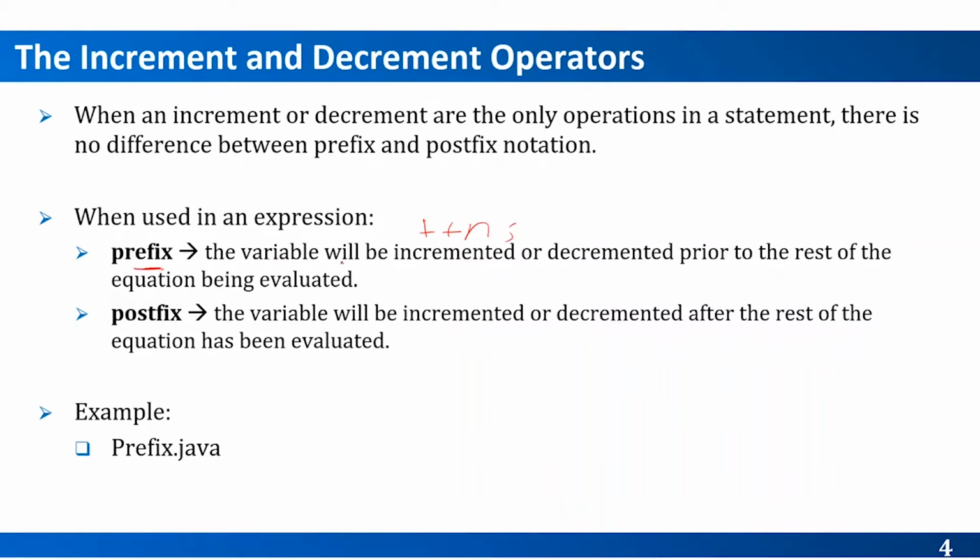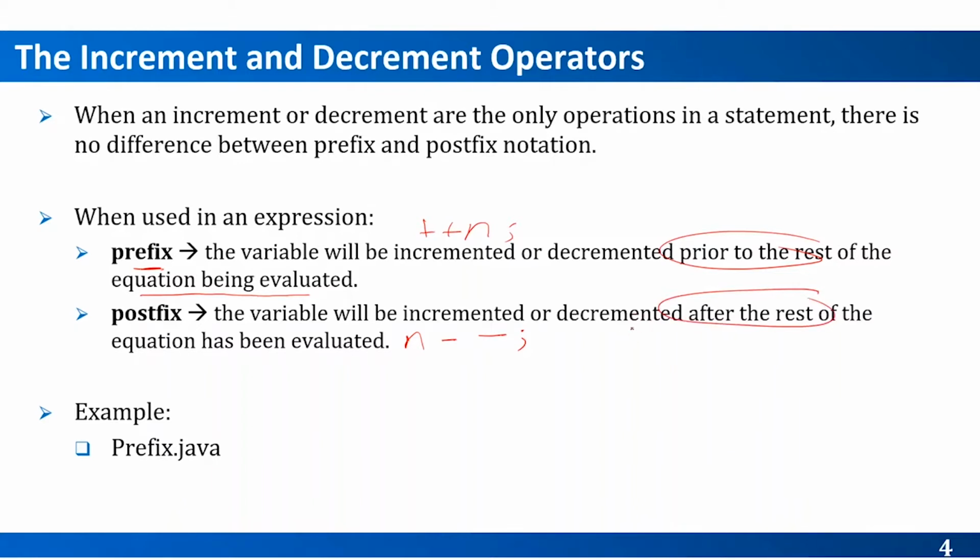In this case, the variable will be incremented or decremented prior to the rest of the equation being evaluated. All right. In the postfix, so n minus minus, the variable will be incremented or decremented after the rest of the equation.